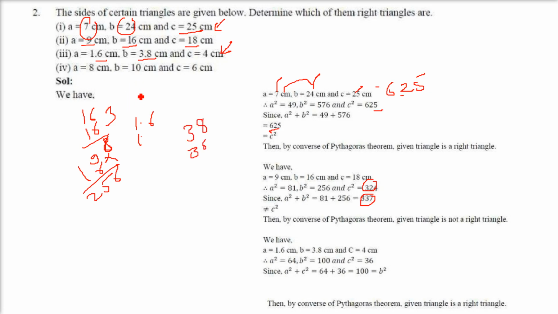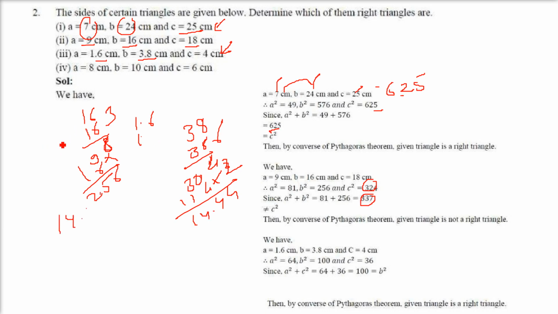Now 3.8 times 3.8, 8 eights are 64, and so on, so we get 1444. Now let us use the decimal.